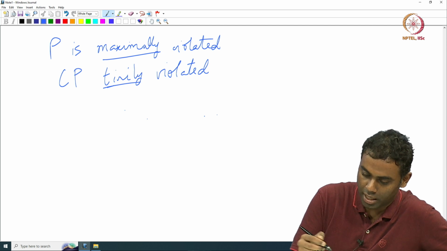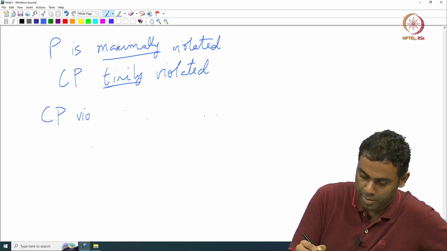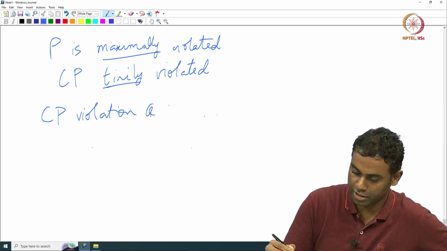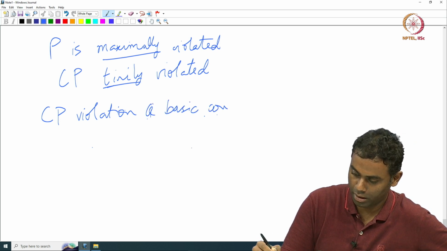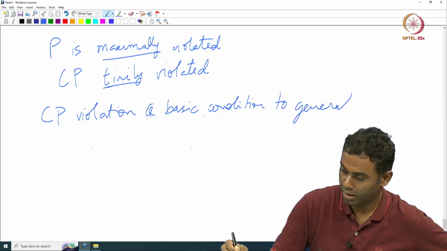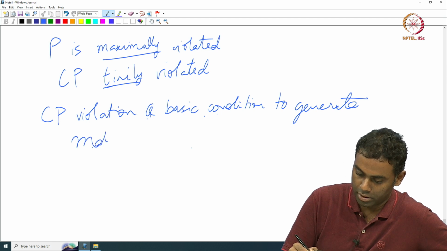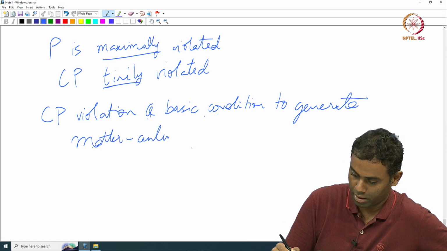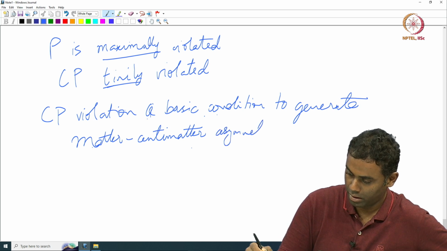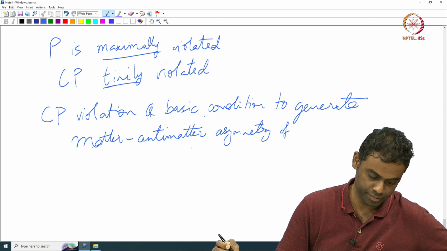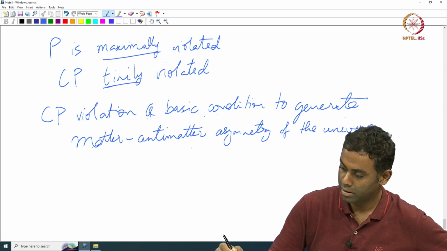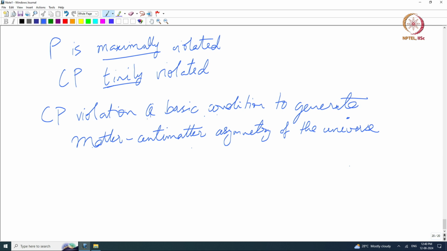Because it turns out that CP violation is a basic condition to generate the matter antimatter asymmetry of the universe, which we talked about in the first lecture, correct? Baryogenesis. This is one of the 3 conditions.